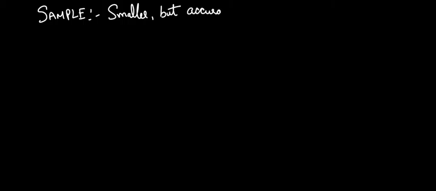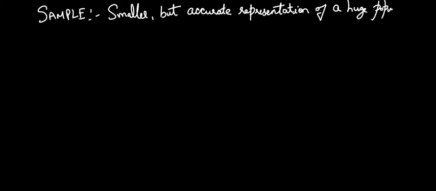While you collect data, you take something called a sample. What is a sample? A sample is a smaller but accurate representation of a huge population. Why do we take a sample?